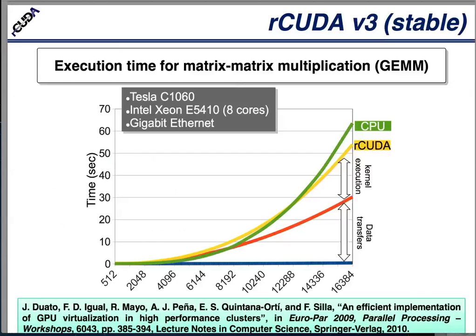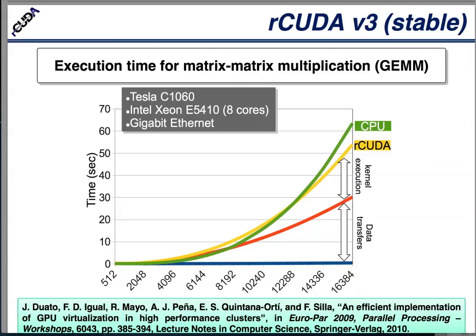Here we have some numbers for performance for the rCUDA 3 release. This is a matrix product done in the CPU employing 8 cores, and also in a remote GPU going through a gigabit Ethernet interconnect with rCUDA. We can see how for large enough problems, doing the matrix product in the remote GPU is faster than employing the local CPU.